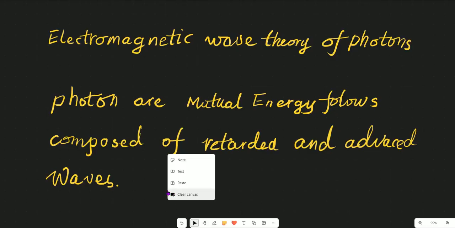Okay, let me first explain the error in electromagnetic field theory and in the Maxwell equations. The Maxwell equations should be written in another way. Let me show you this.